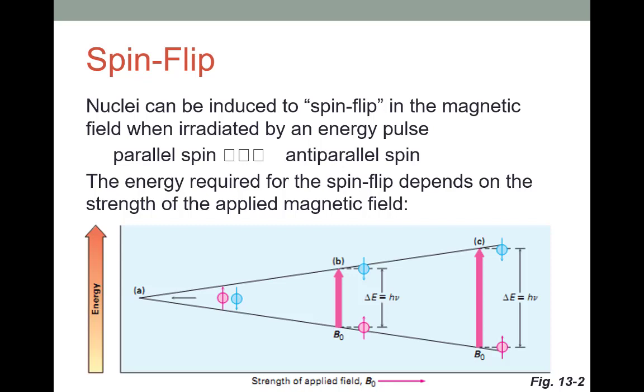The practical take-home is that a stronger magnetic field requires a stronger radio frequency to elicit the same response as we would get on a weaker magnetic field. I'll get back to that in a moment and why that's of use to us. But it means in practical terms that a larger magnet provides a higher resolution on our NMR spectroscopy.